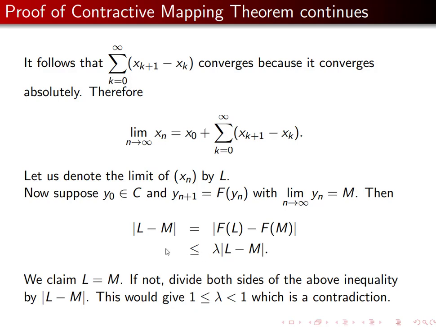What we can see here is that the absolute value of L minus m is equal to the absolute value of F of L minus F of m, which is less than or equal to lambda times this difference right here, and this can only be true if L minus m is equal to 0. So if L and m are different, it gives us a contradiction.